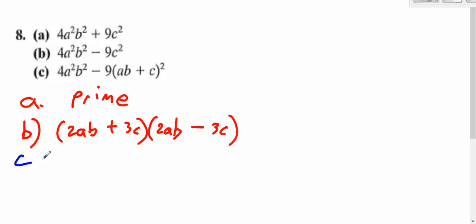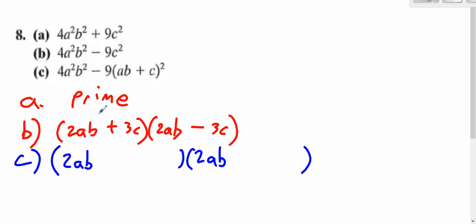And for c, same first part, 2ab. It is a minus in between, which means we can do this. And then the 9 means that they each get a 3.